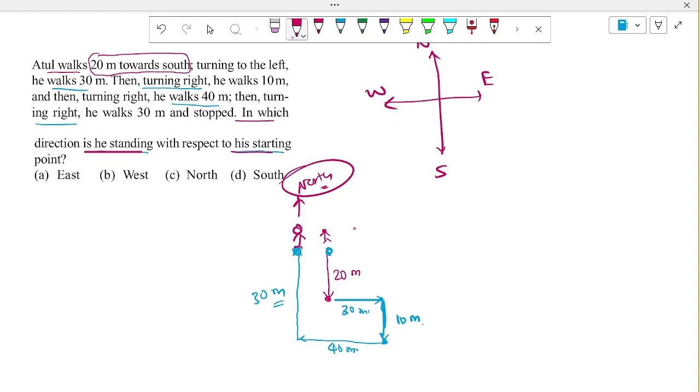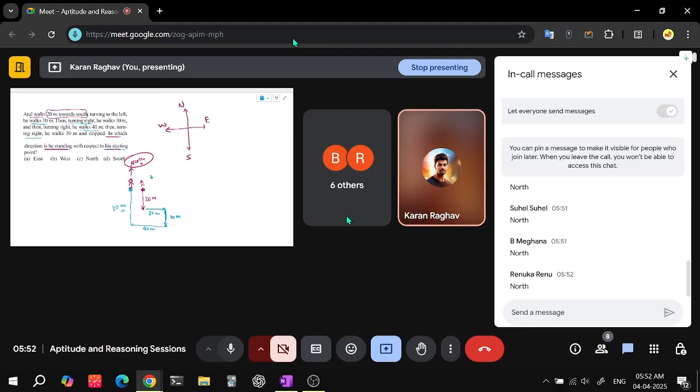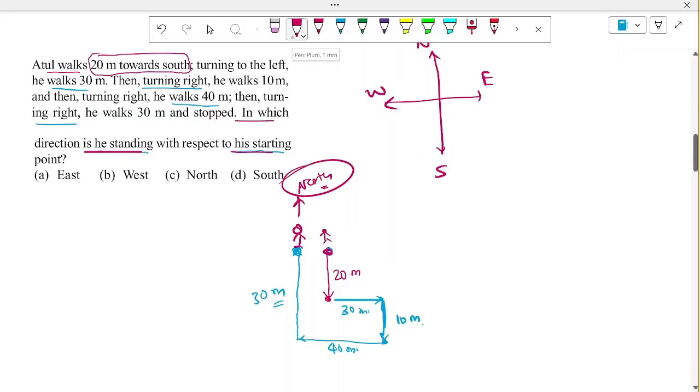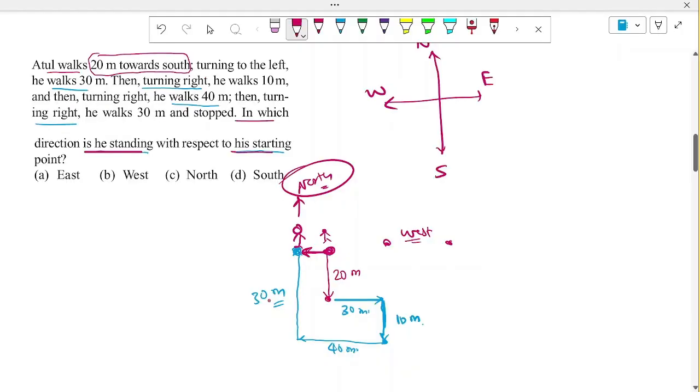So with respect to the starting position, in which direction is he standing? You can observe he was standing here and at present he is standing here. Initially he was standing here, now he is standing here. It is actually in the west direction. So the questions can be like this also. You understood? These are different flavors of the question.